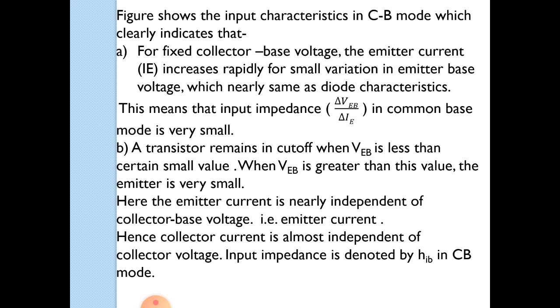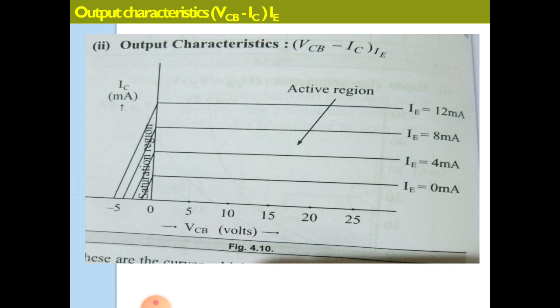So here the emitter current is independent of the output voltage, and the output current is also independent of the output voltage. Okay, so this is the description of the input characteristics in CB mode.